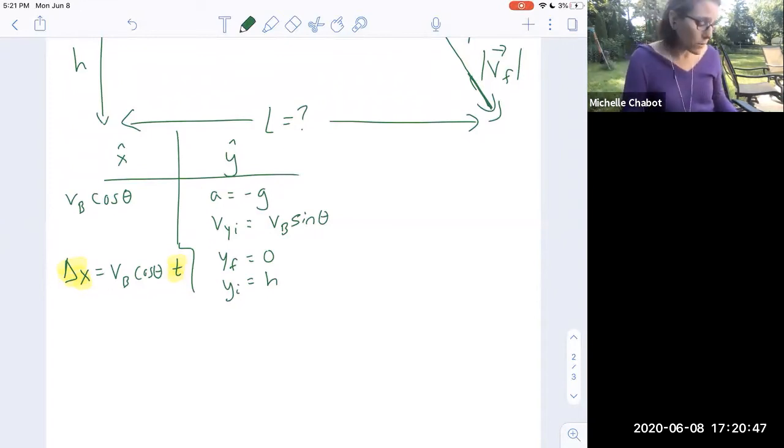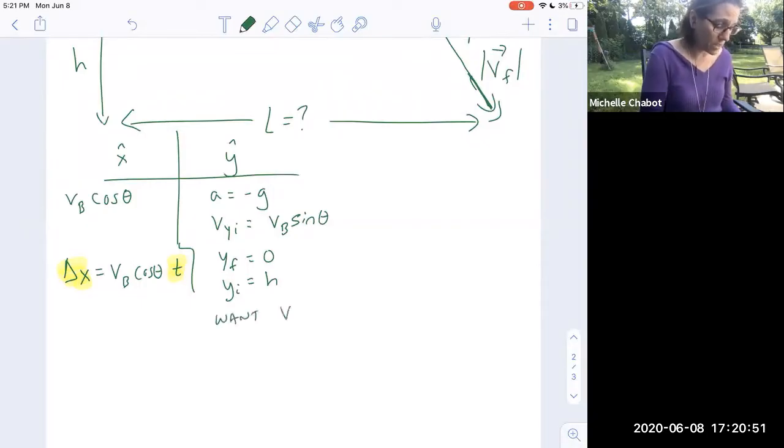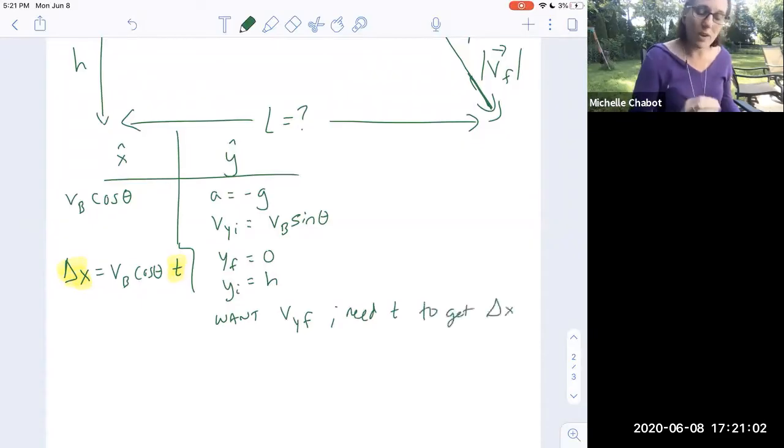I might do that to start. The other thing is that I realize that I also want to find Vy final, and I need time to get delta x. So I have two goals in y, and I can do whichever one I'd like. I'm going to solve for Vy final first because it'll allow me to avoid the quadratic.